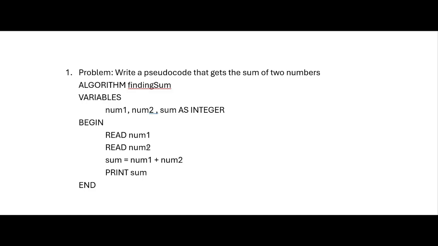But in order to test this pseudocode, we need placeholder values to put inside of num1 and num2 when each of these lines are reached. So let's have our test values as 5 and 2. Therefore, we'll store 5 in num1 and we'll store 2 inside of num2, right?